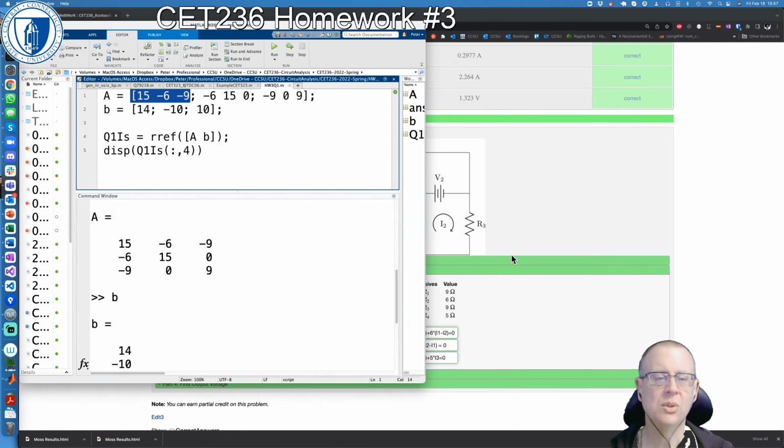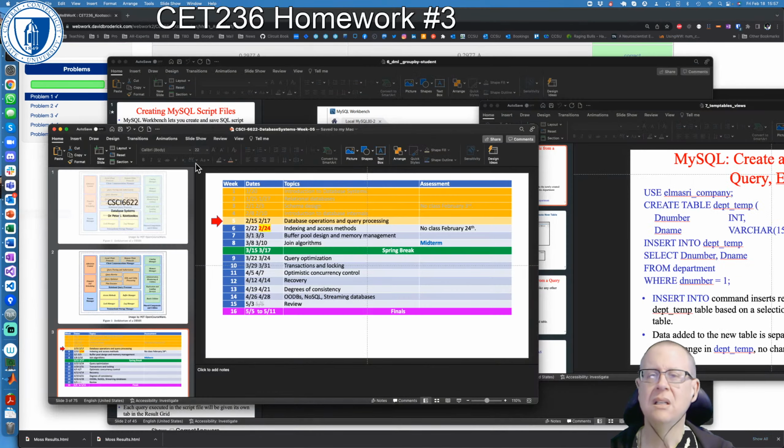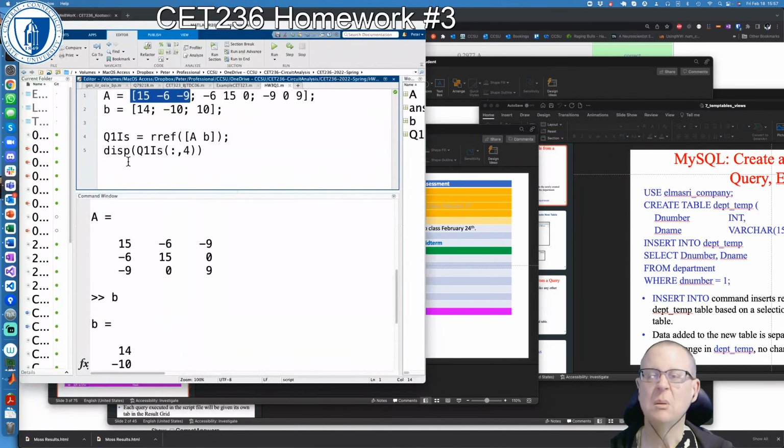And then I got 14 and then 9 I2 plus 6 I2 and minus 6 I1 and 0. Where's it gone? Oh, 0 I3. That looks okay. And then minus 9, 0, 9.